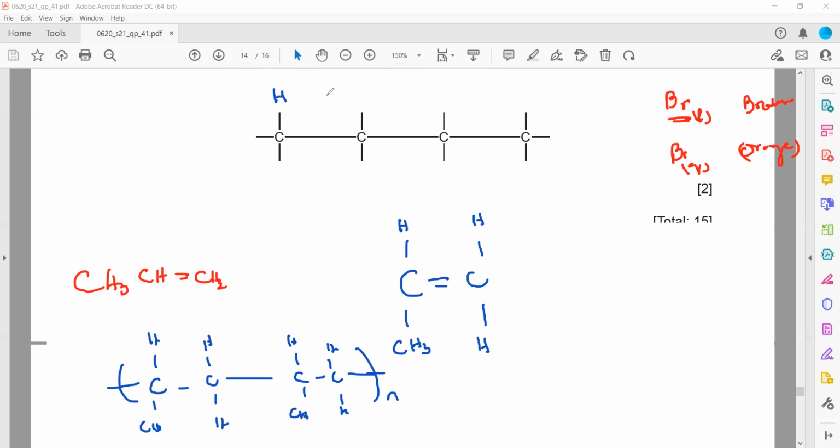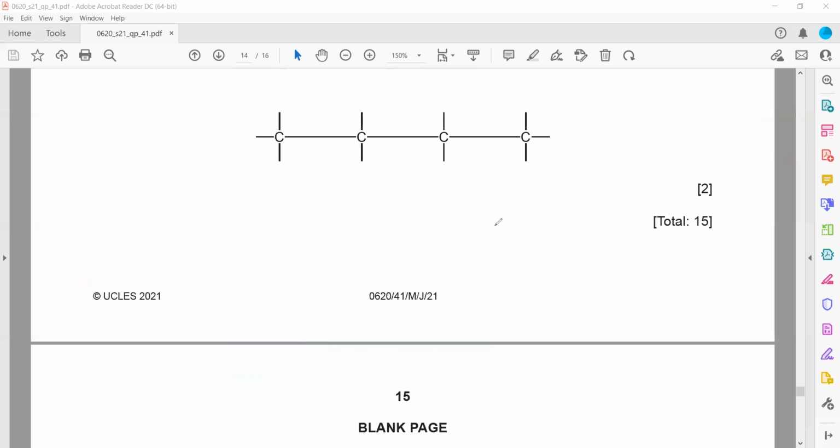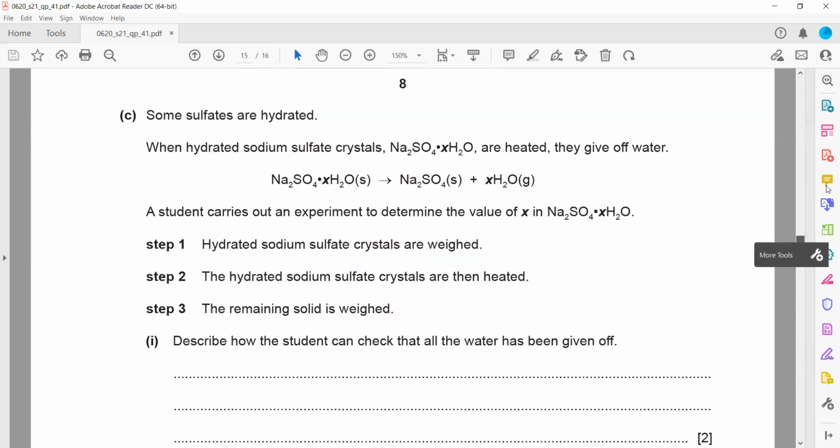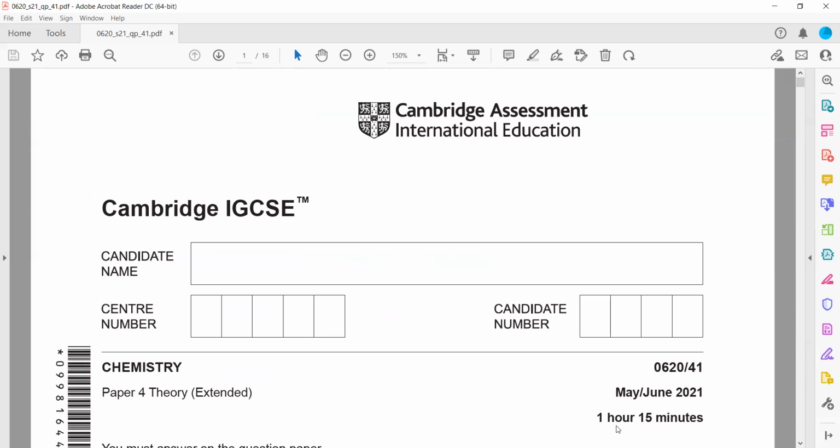So this will be H here, H here, H here, and then CH3. This is one molecule. And then the other molecule: H here, H here, H here, and CH3. And these are the 2 molecules linked with each other to form an addition polymer. So this was the last question from the May-June 2021 paper.